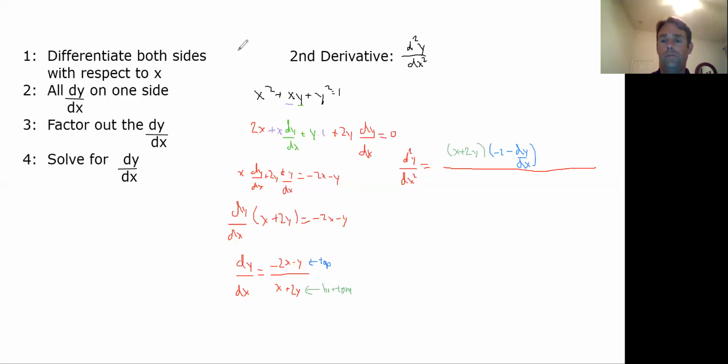Minus the top, negative 2x minus y, times the derivative of the bottom. So we have 1 plus 2 dy/dx.